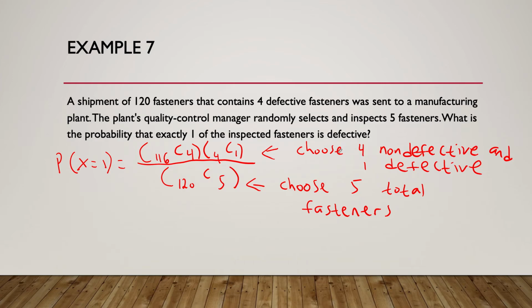In the numerator of this, we need to have 1 defective fastener and 4 non-defective fasteners. And how do we choose the 4 non-defective fasteners? Well, there's 120 total fasteners, and we were told that there's 4 defective.